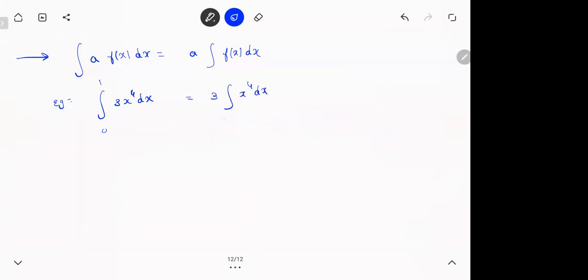Now the first identity. If you have a into f of x dx, a will come out. Example, let's say you have something like 3x power 4 dx from 0 to 1, 3 will come out. Now this is looking like x power n.